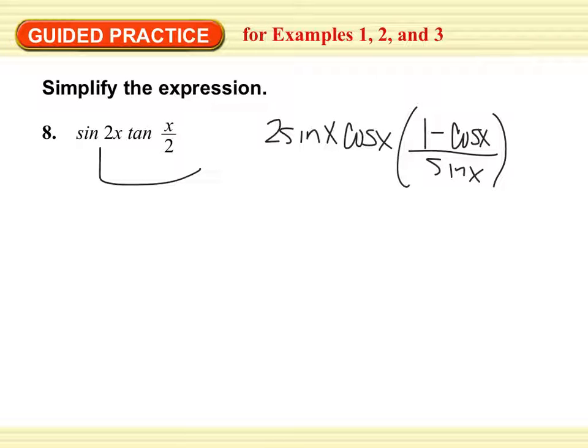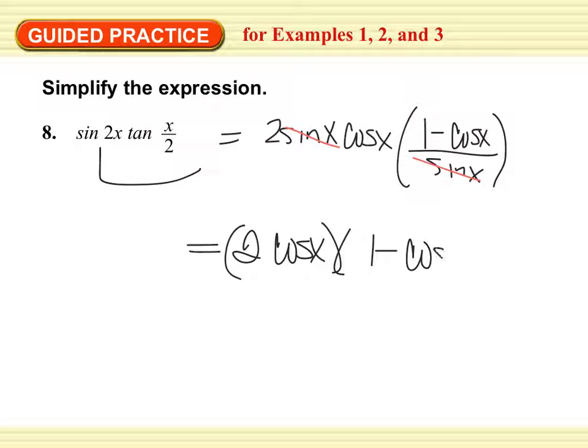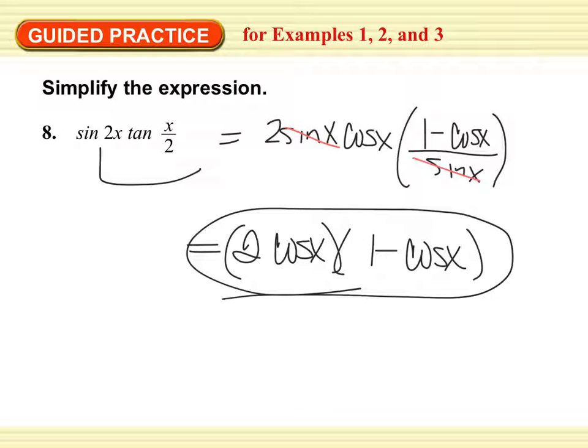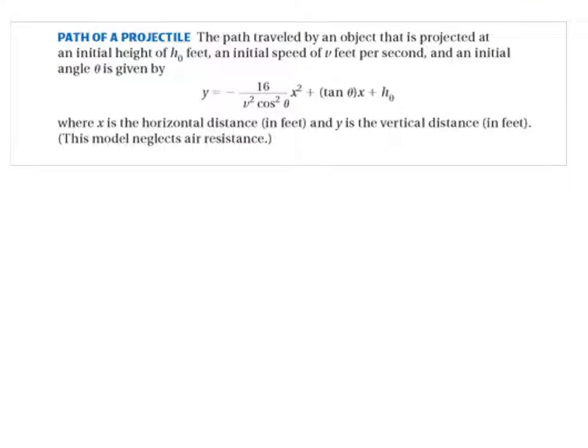Here, looks like I can cancel these out, and I am left with 2 cosine x times 1 minus cosine x. And again, I'm not sure why this is technically more simple, but it's different. So, all right, let's move on.